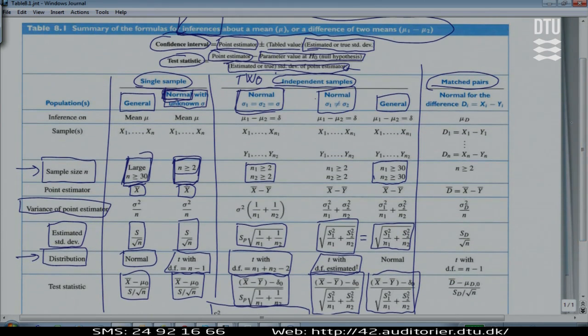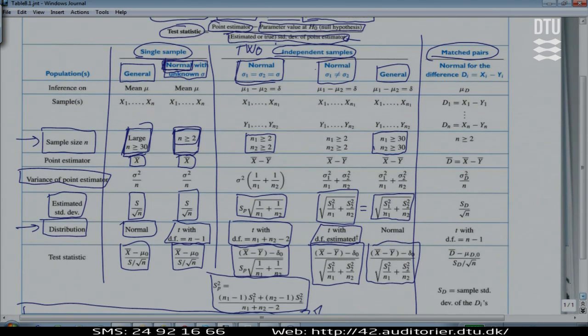Finally, in the table, we could almost avoid this, but actually the matched pair or the paired t-test is so well known in its own right that we give it its own column. Since for the paired situation, we were taught that we should handle it by subtracting the data from each other, and in that way making the two-sample paired situation into a one-sample situation.